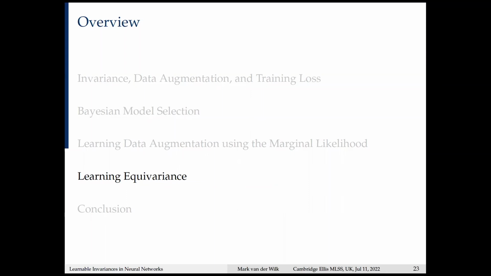And the cool thing about convolutional layers, for example, is that the invariance properties are baked into the weight structure. So what we tried to do in this work is to see whether we could use the same principle of using the marginal likelihood to learn weight sharing structure like convolutions do, in the weight structure.